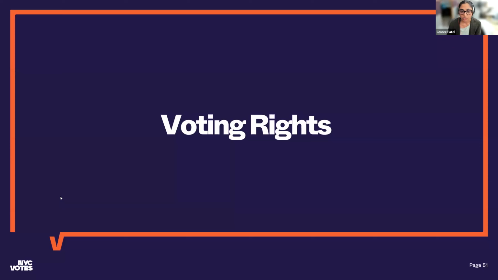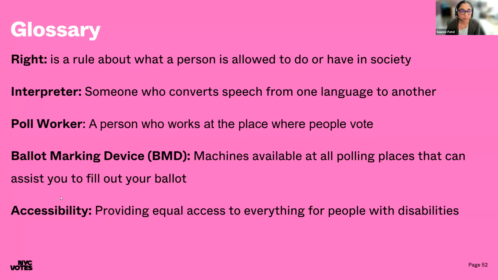So we'll end with a section around voting rights. We'll talk a little bit about having a right, which is a rule about a person, what they're allowed to do or have in society. An interpreter is someone that can convert speech from one language to another.